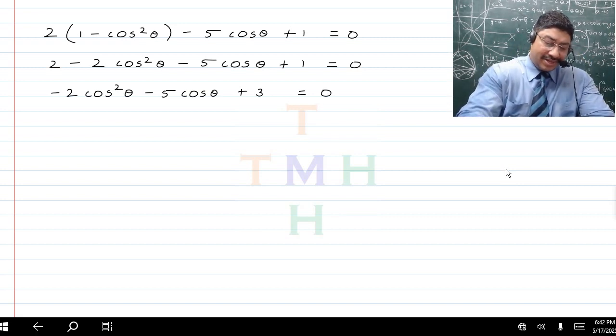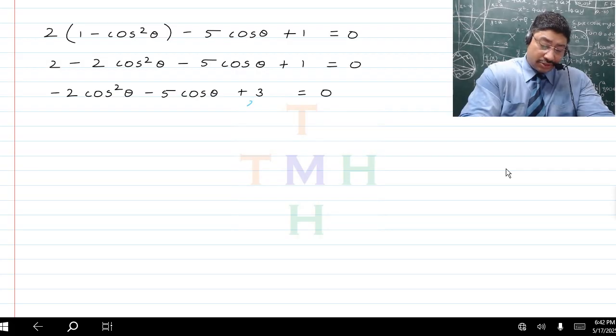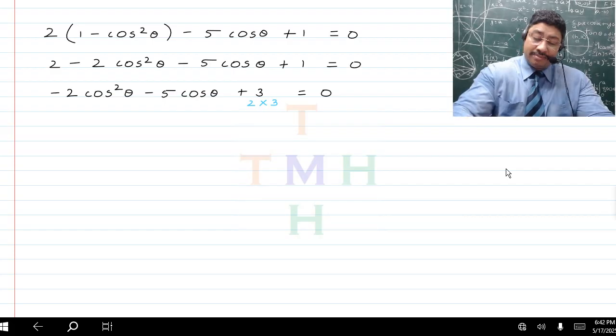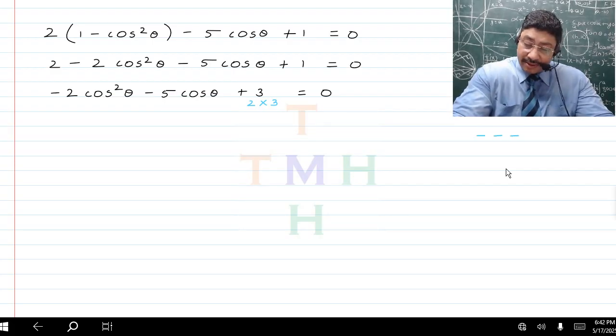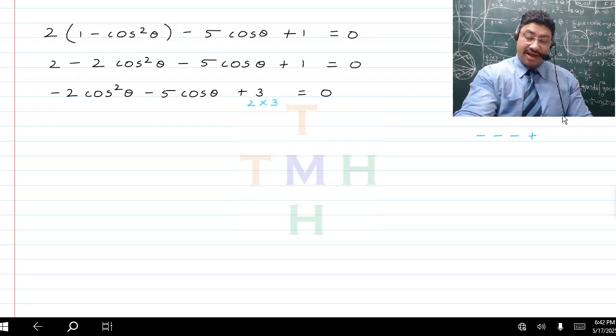Now children, here we get to see that if we write the product of the prime factors of the coefficient of the quadratic term, which is 2, and the constant term, which is 3, we can get to 2 plus 3, which is 5. But in that case, we will have to write minus 2x minus 3x, and that will then become 3 minuses and 1 plus, which actually cannot be factorized.